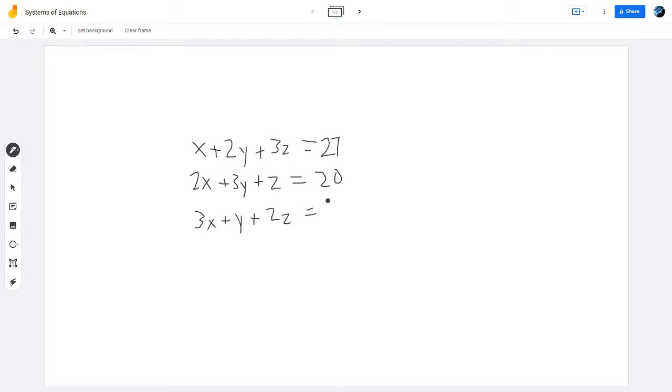You can try to solve this by substitution, but this is not really going to work.